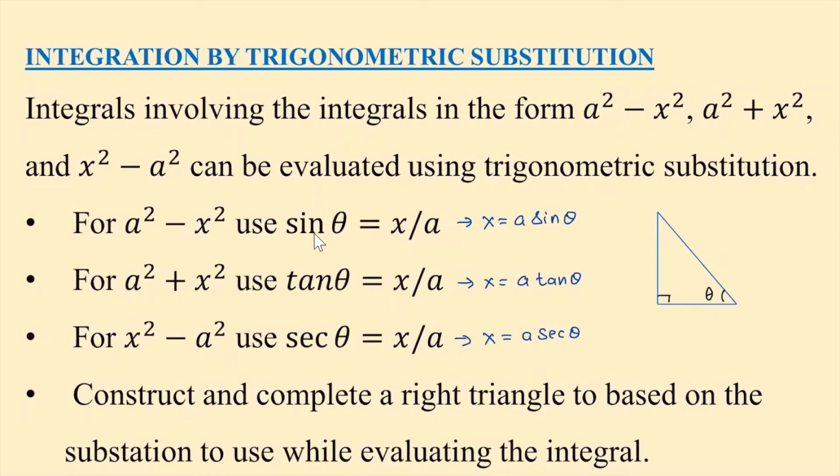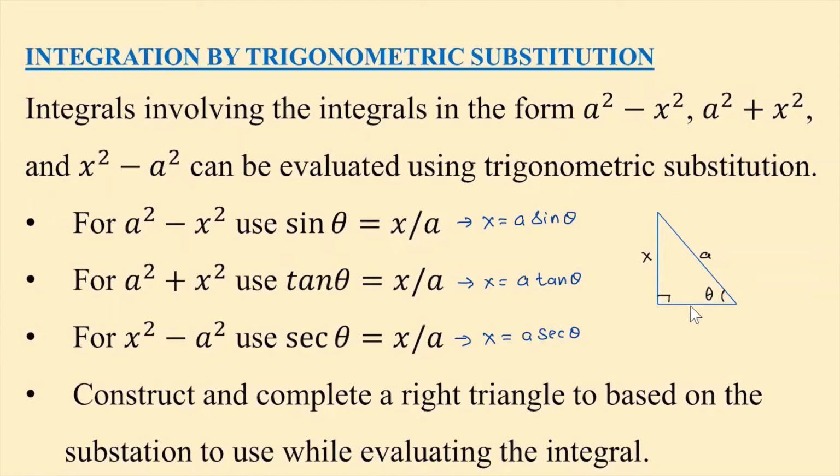For example, if you're working on sine theta equal to x over a, you know that sine is opposite over hypotenuse. So here is your opposite, here's your hypotenuse. If I am taking sine, you'll write your x here and a here, because sine theta equal to x over a is the same as opposite over hypotenuse, where opposite is x and hypotenuse is a.